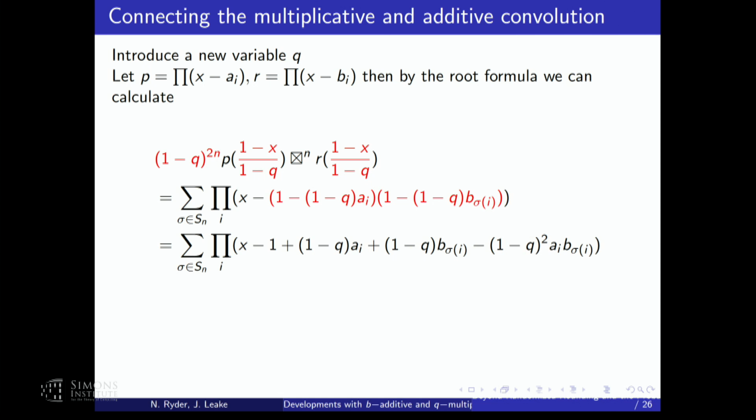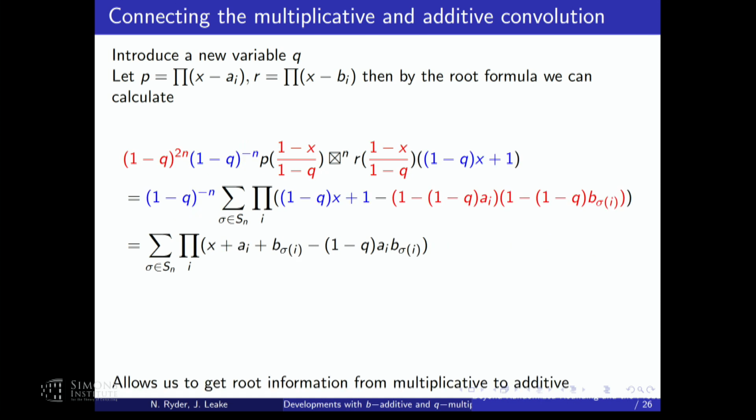So when I do this change of variables, I input my new variable q, and all the dust settles. What happens is I end up down here with something in x, some constant, and now the linear part with respect to 1 minus q looks like the additive convolution, and then some error. So if I now post-compose to make this part look nicer, what do I end up with?